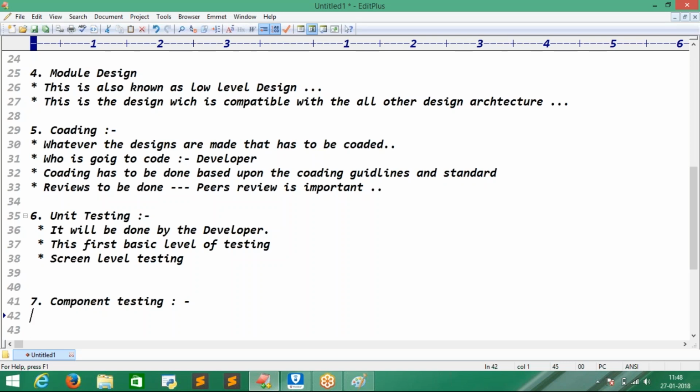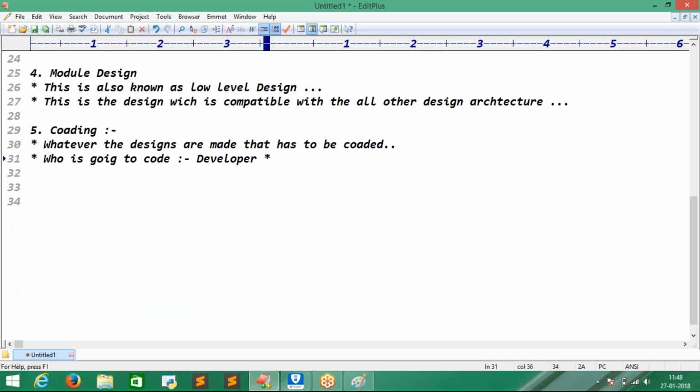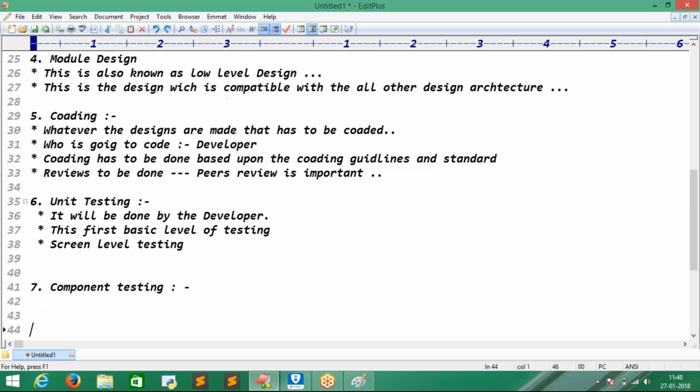So let me write this point for you guys. When a basic small feature of the application is being tested, this is known as component testing.